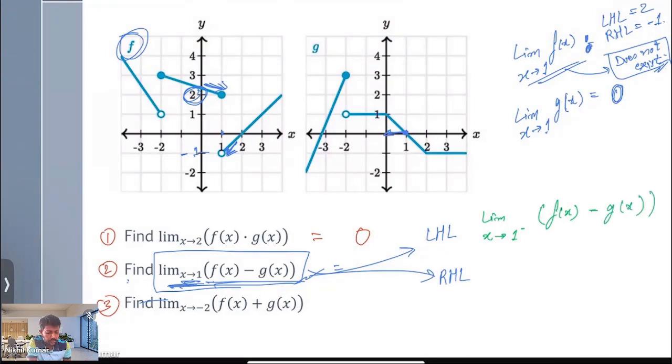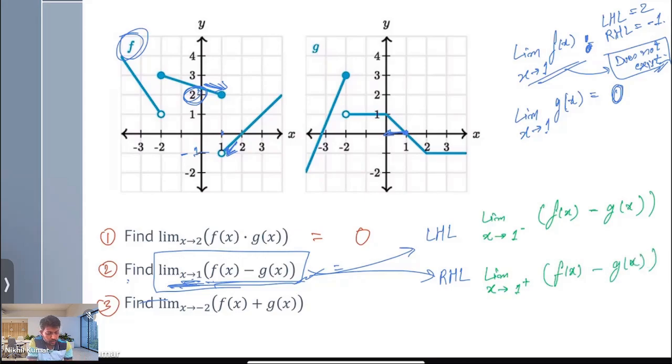This is my left hand limit. Limit x tending to 1 plus is the right hand limit, which means we are approaching from the right hand side. This is what we have to find out.